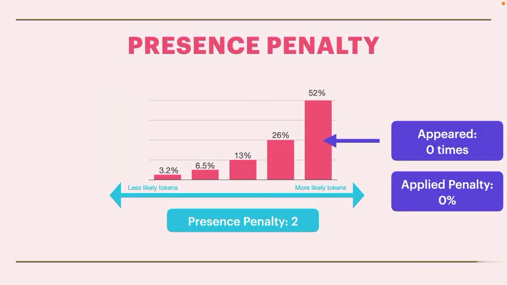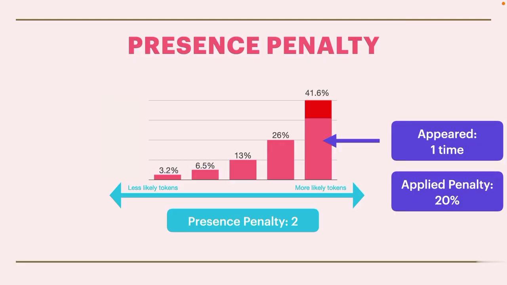Now, moving on to the presence penalty. Again, we will suppose that we've got only 5 tokens, and we set the presence penalty to 2, the maximum number allowed. If our token has appeared so far 0 times, then the applied penalty is 0%, which means that its probability of being sampled is unchanged. Now, if that token appeared 1 time so far in the prompt response, then the applied penalty, for example, is going to be 20%, which means that we will reduce its probability of being sampled by 20%, reducing the value of the probability to 41.6%.